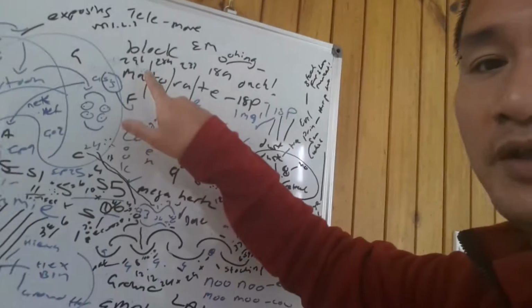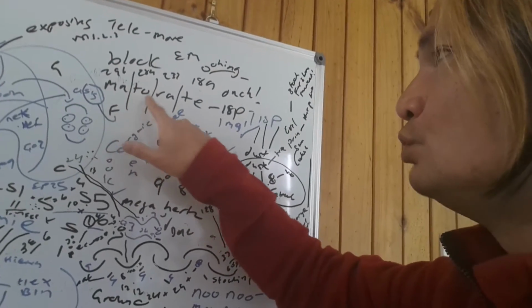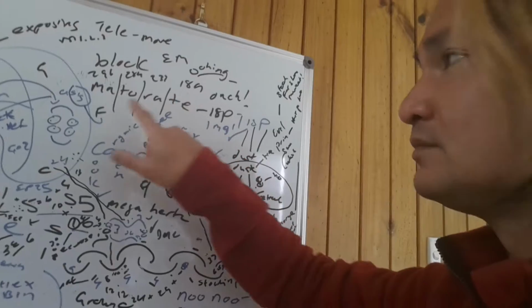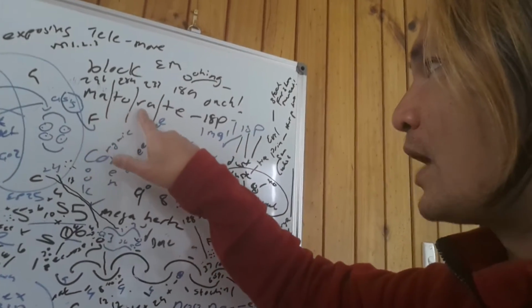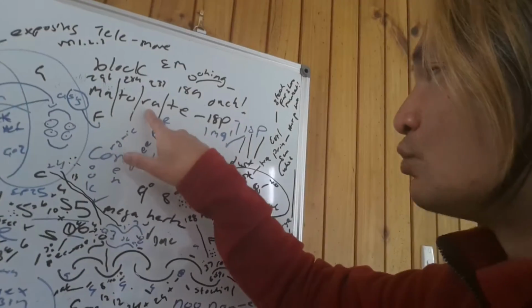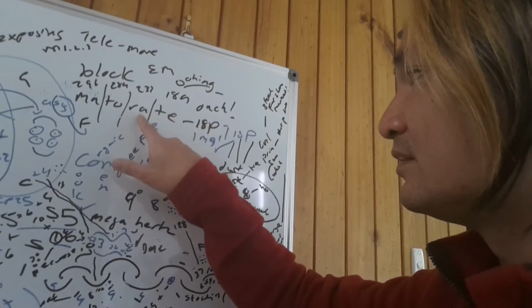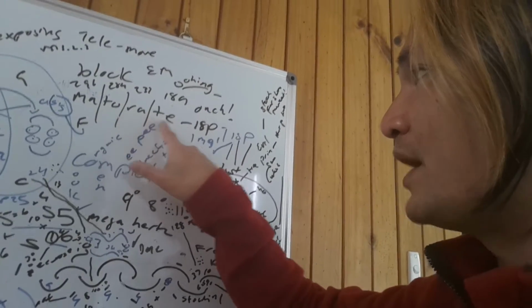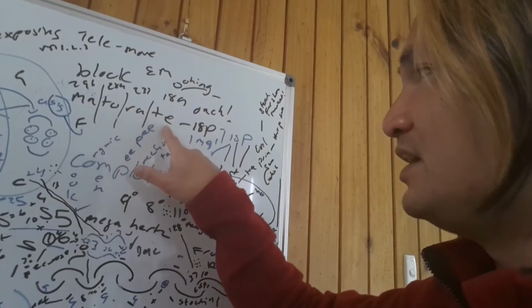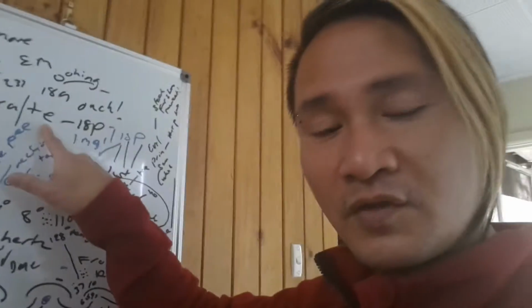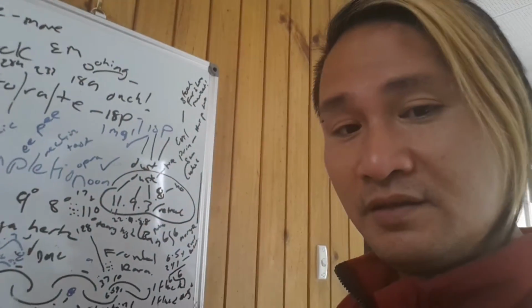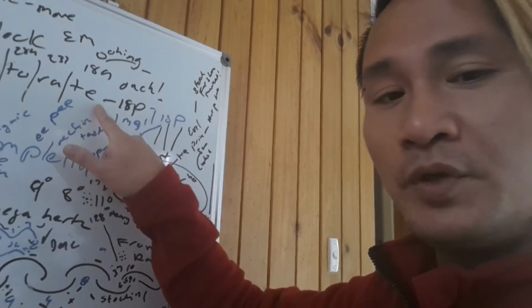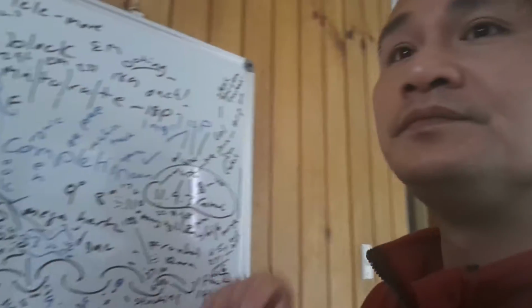But if you have a look at this one, ma tu ra ti. Ra ti, right? Rat. T. I like T. T has another E. So T, T double E, right?